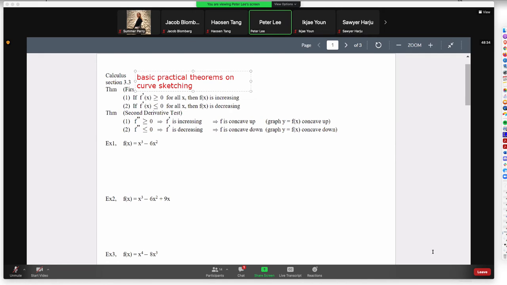By the way, the proof of the first one is mentioned again in section 3.3, but it was first mentioned in section 3.1. You should be able to show this. I think all of you should try to prove this. This is actually section 3.1.